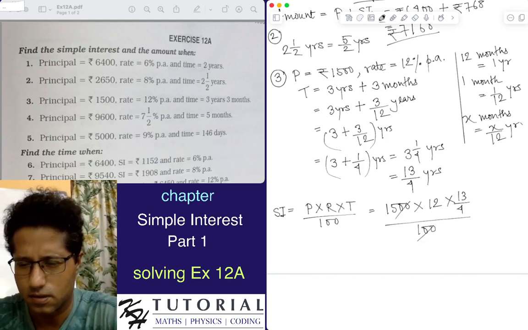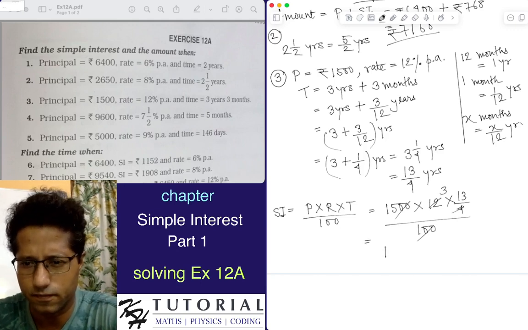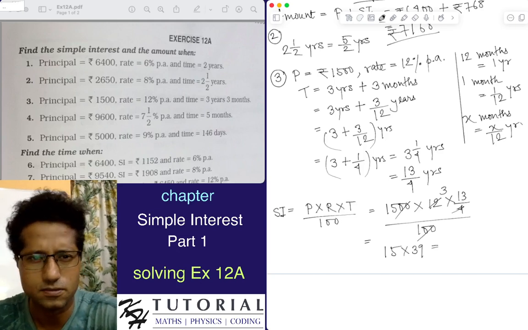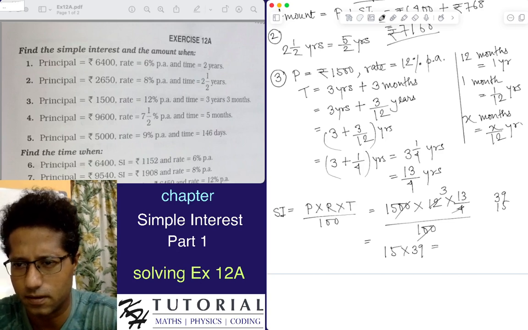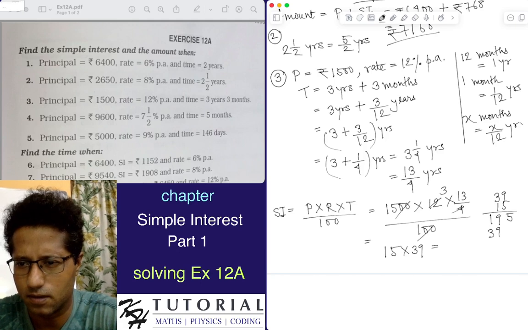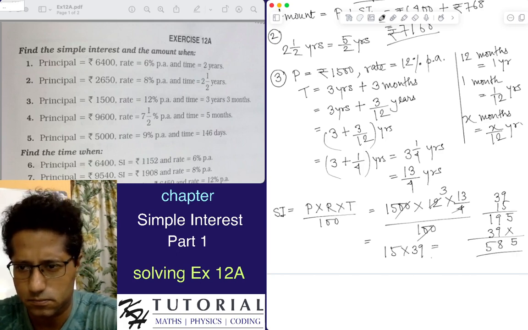100 cancels out and this is 3. So this is equal to 15 into 39. How much is this? So 39 into 15, this is 585. Now I might make a calculation mistake. I'm not focusing on any kind of calculation mistake.